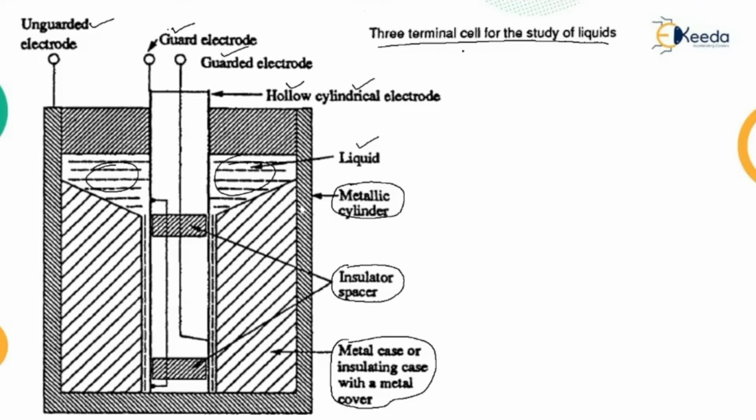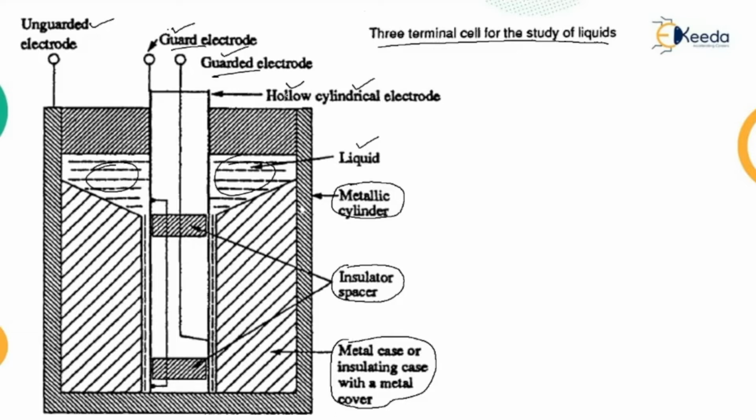So this is another simple arrangement of three electrode system. This consists of a metallic cylindrical container, just like a container, with concentric hollow cylindrical electrodes as guard and guarded electrodes.